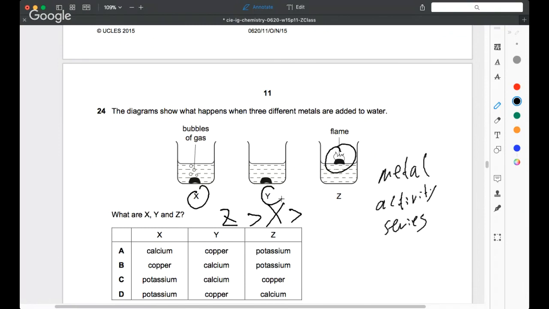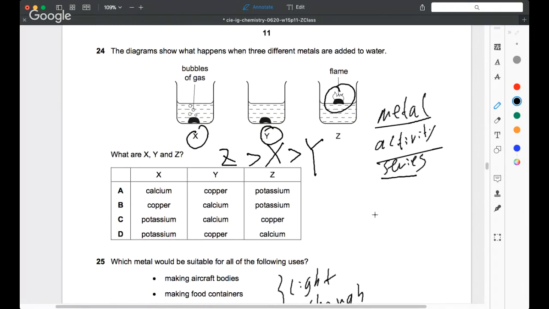And Y, it does not react at all. So Y is the least reactive. And if you cross-check with the metal activity series, which tells you which metal is more reactive and which metal is less reactive, you know that the answer is A. So this is the right sequence in the metal activity series.